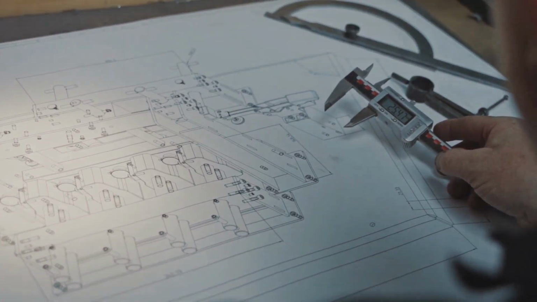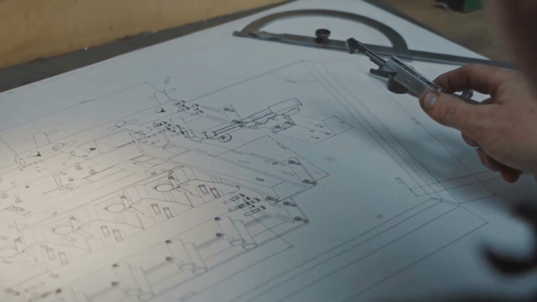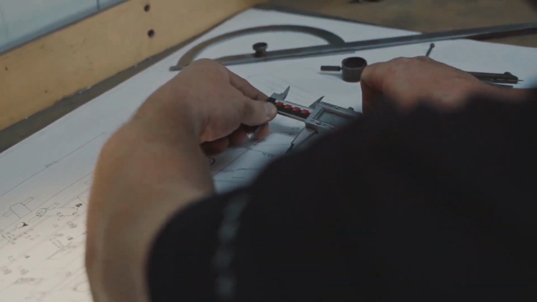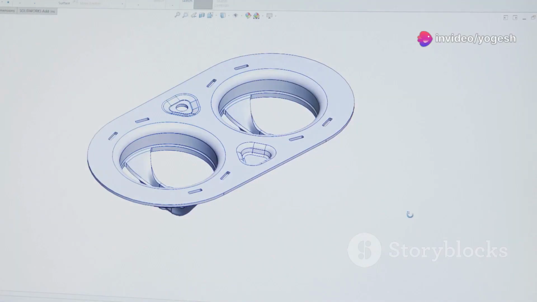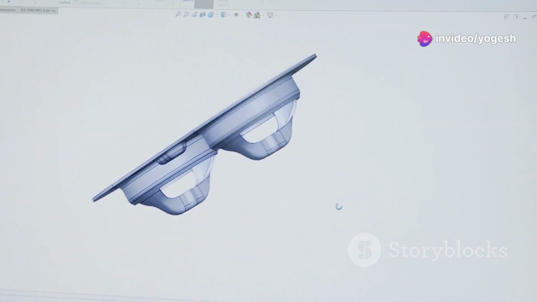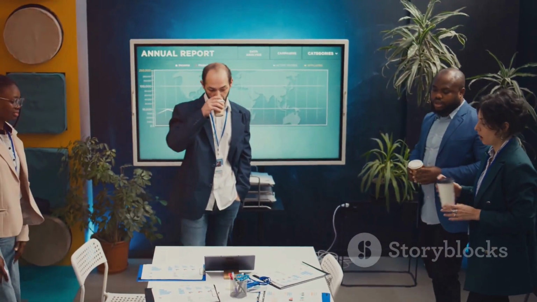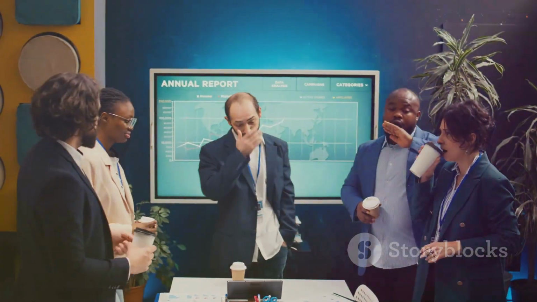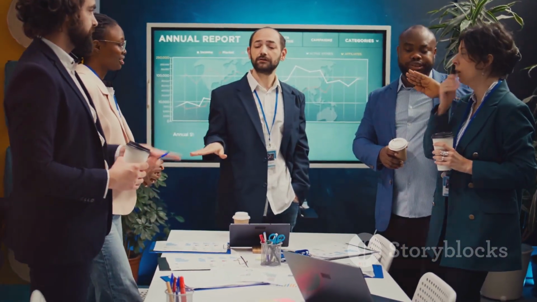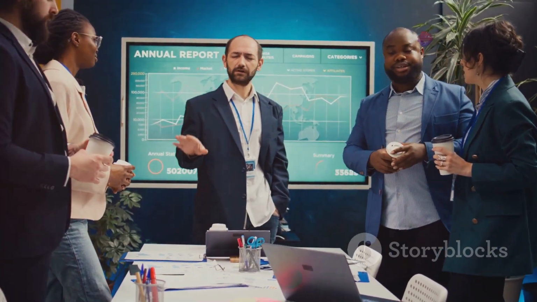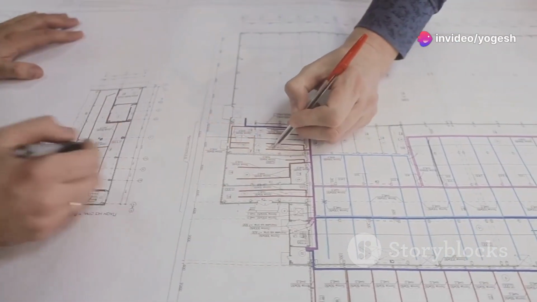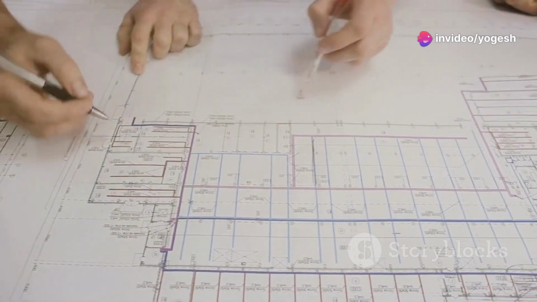If a drawing shows a critical dimension vaguely or a tolerance is unclear, the machinist or manufacturer is left guessing. They might get lucky, but more often than not, it leads to costly mistakes. Nobody wants to be the one explaining why a project is over budget and behind schedule because of an ambiguous drawing. So before you send your next design off to production, make sure it's crystal clear.